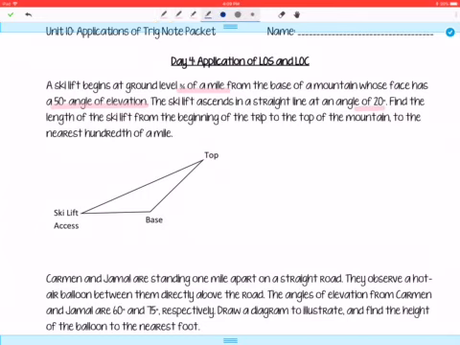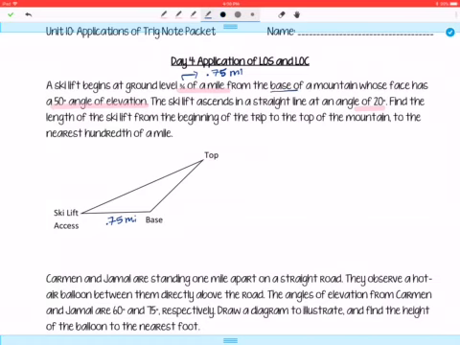All right, so from the problem, we know that the ski lift is 3/4 of a mile from the base of the mountain. 3/4 would be the same as 0.75 miles. All right, so now the 50-degree angle of elevation is coming from the base of the mountain.